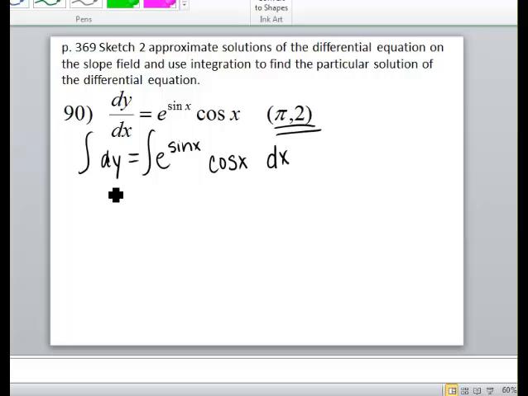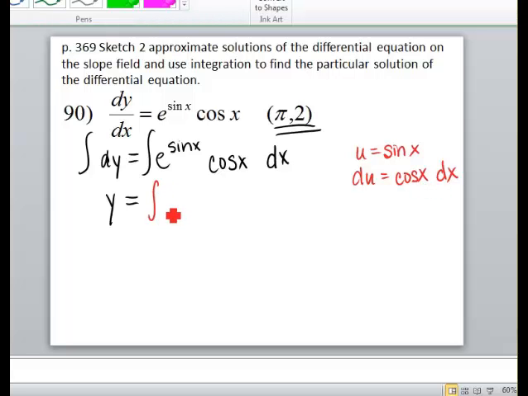So the integral of dy is y equals, and now I have the integral here. Well, I can't integrate this. I know the integral of e to the u. So I'm going to go over here and make a u statement. Take the derivative. And then rewrite this.